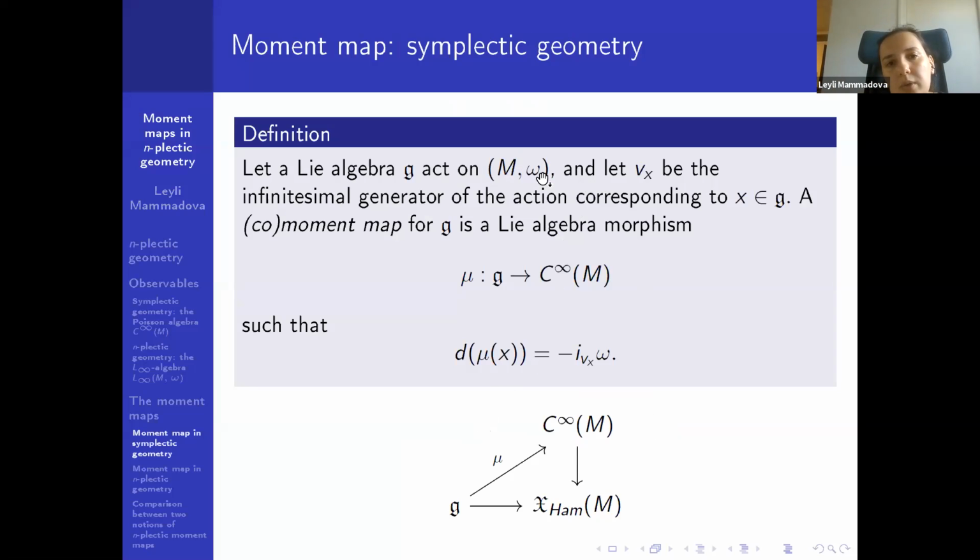This is actually a co-moment map if you are very precise, because we're interested in the Lie algebra morphism from the algebra of symmetries into the Poisson algebra of observables. But let me tell you what the definition is. We have assumed the setup is the following: we have a Lie algebra acting on M.